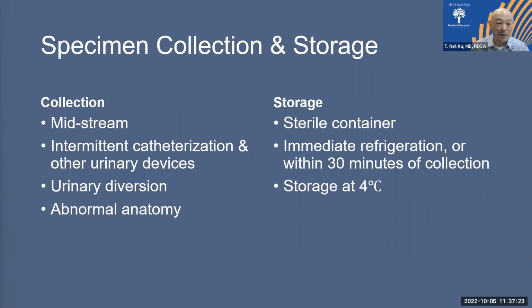The other component is making sure that specimens are appropriately stored. They have to be in sterile containers and refrigerated, especially if you're considering culturing them. If they're not properly stored or in a sterile container, there is a chance of getting abnormal results, not because of the patient, but because of how they're being handled.